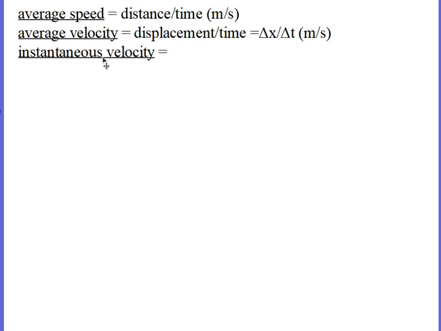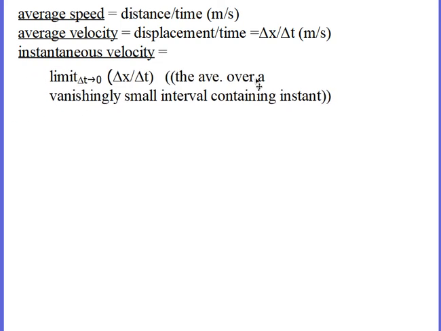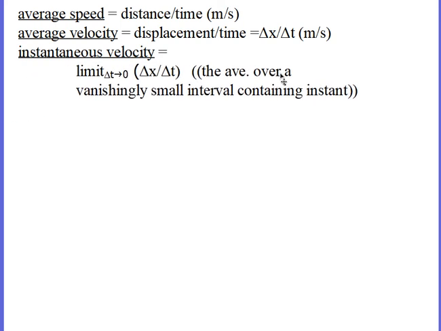I also want to talk about instantaneous as opposed to average. Instantaneous velocity is tricky. What I mean by the velocity at an instant is find the average velocity for a very, very short period of time containing the instant.